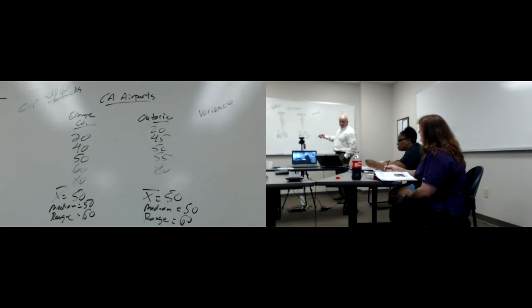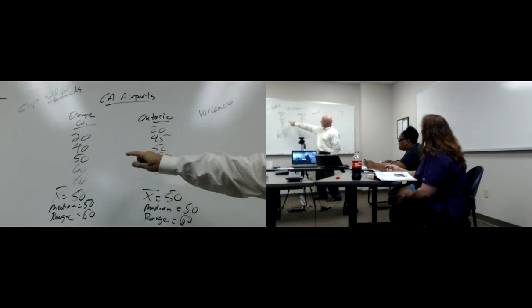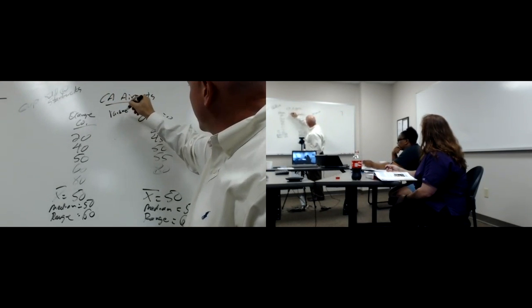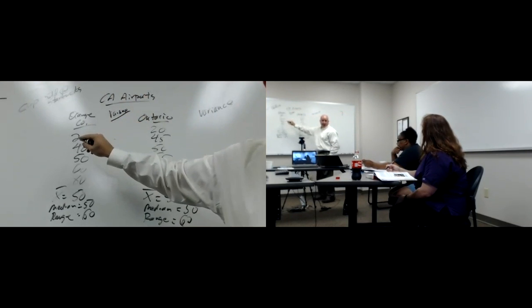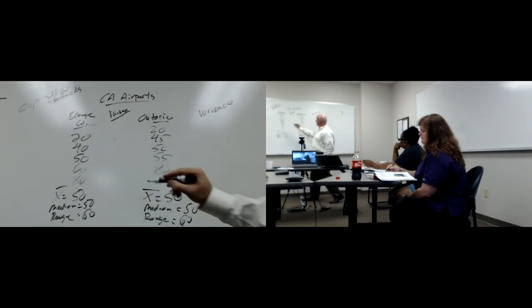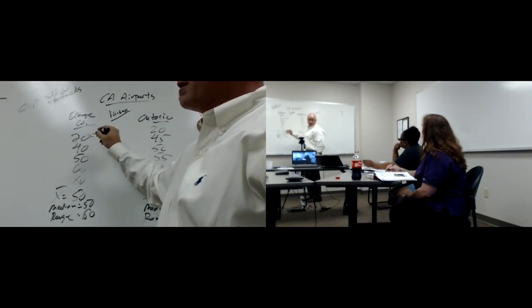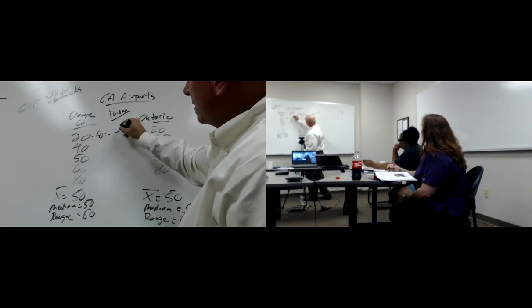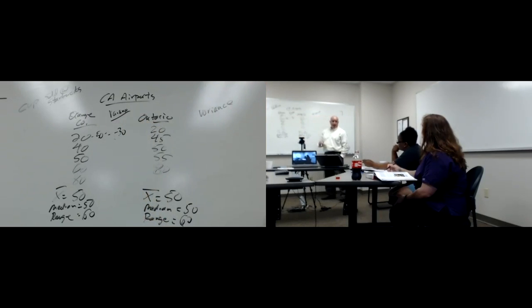If we look, we are going to take this first observation. 20 was my observation, and what's my mean? 20 minus 50 equals minus 30.